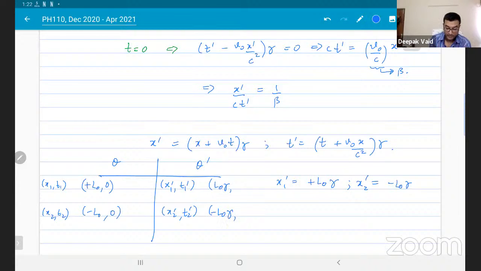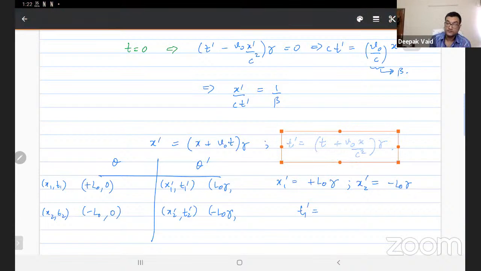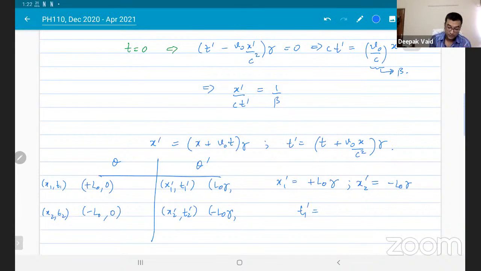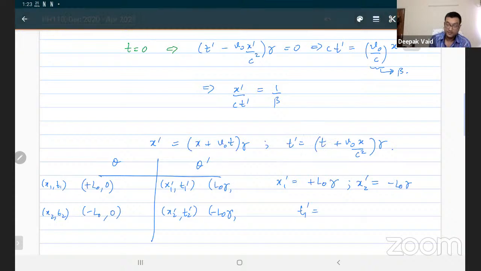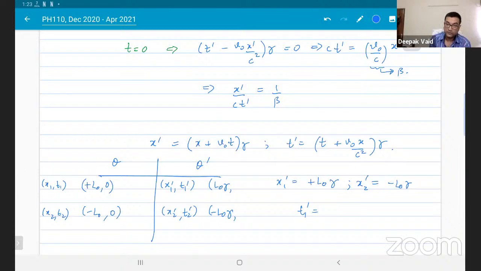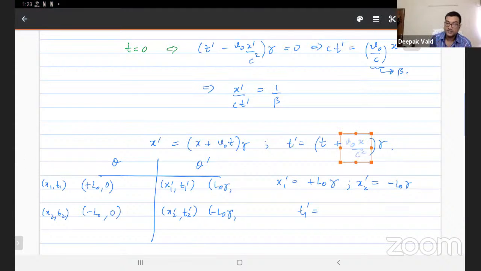What about t1 prime and t2 prime? I use this equation. So t1 prime is, now you see t is there, right? But t is 0 for both points, t1 and t2. Now, if this was a Galilean transformation, remember there would be no x, right? t prime would be equal to t.